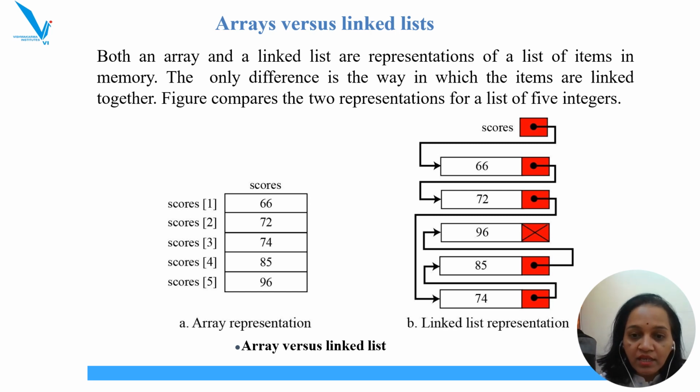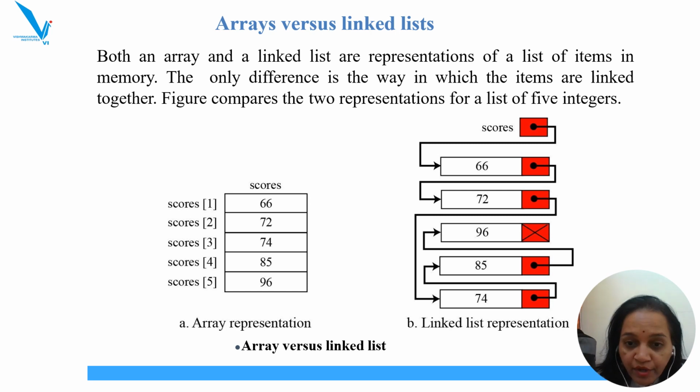Whereas as you can see, linked list is a linked organization. It is not a sequential organization. So you have created here a linked list on the right hand side, and you can see the very first element is 66, and it links to 72. 72 links to 74.